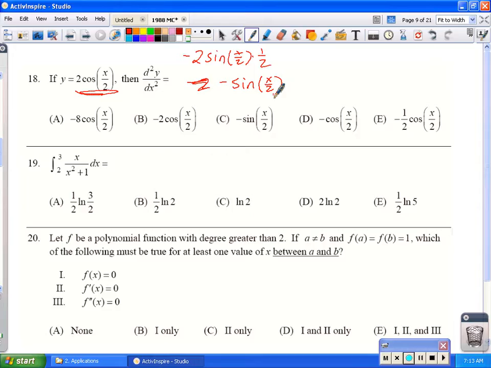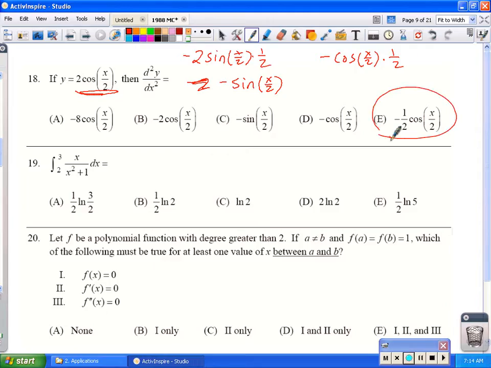Second derivative, derivative of sine is cosine, so I get negative cosine of the angle times the derivative of the angle, so that would be negative 1/2 cosine of x over 2. So in number 18, that would give me letter E.